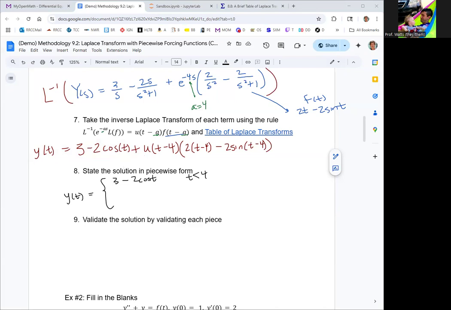Now, for the second piece, it's not the second part of that result in step 7. It's actually the entire thing. Because again, if t is greater than 4, then the unit step function is 1, and you just have all this stuff. So you just write the entire thing, but you drop the unit step function because it's turned into a 1.